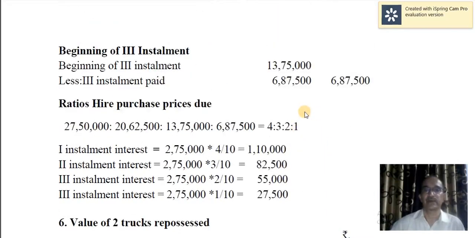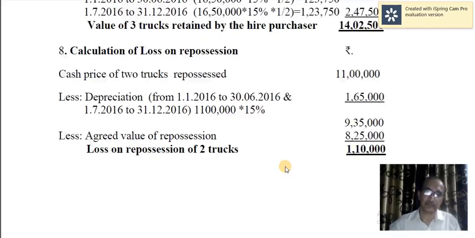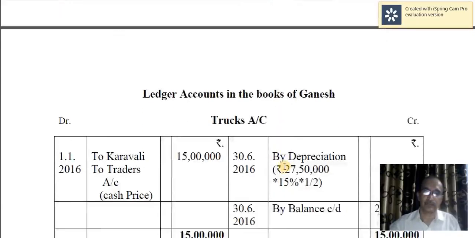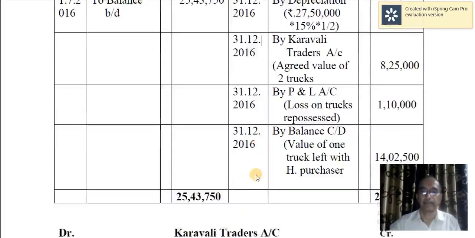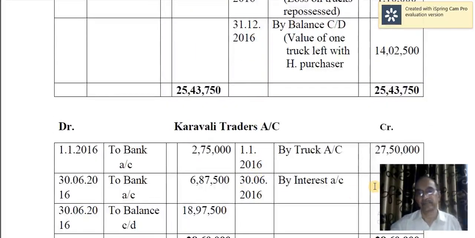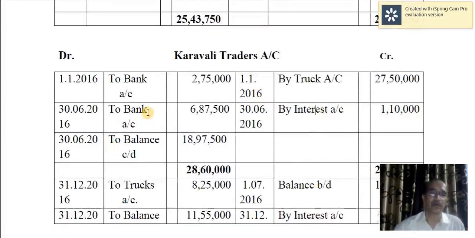Yes, so here 2,75,000 is a portion. So first year interest is 1,10,000. Yes, 1,10,000 is the first year interest, and you have paid the first installment 6,87,500. As a result, balance is 18,97,500.